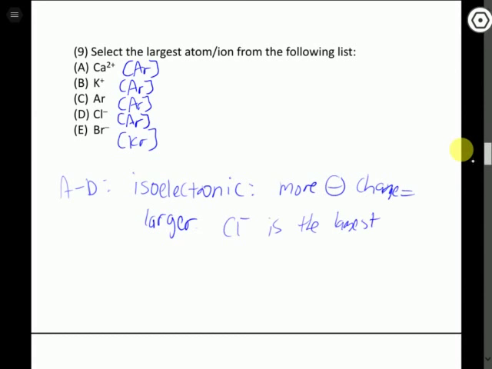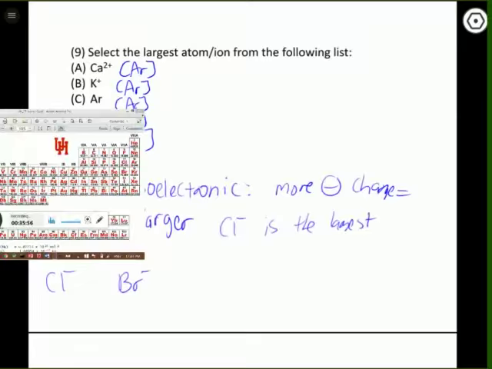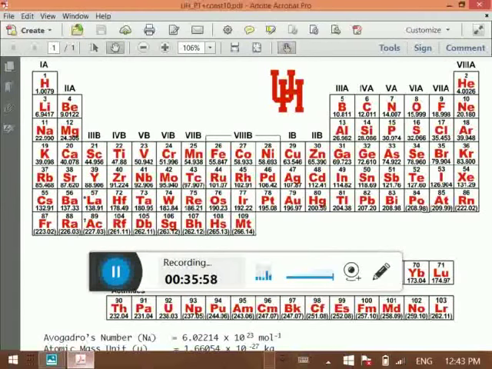Now we need to compare Cl minus to the last one, Br minus, which has a different number of electrons. Okay, so typically speaking, or I would say all the time, when you move down a row in the periodic table, you're going to make it larger. So with bromine, you're now filling the 4p subshell. So this is going to have a larger radius than chloride, which has only 3p occupied.